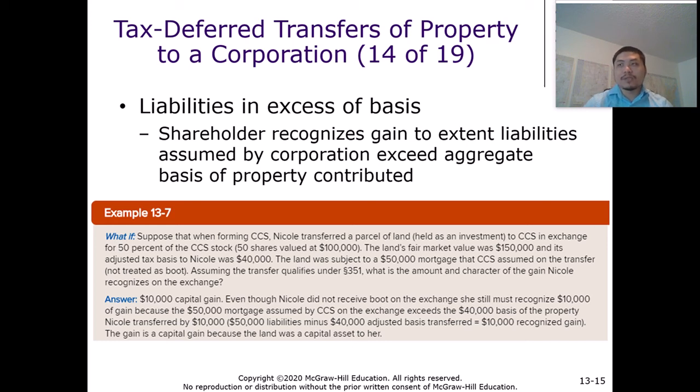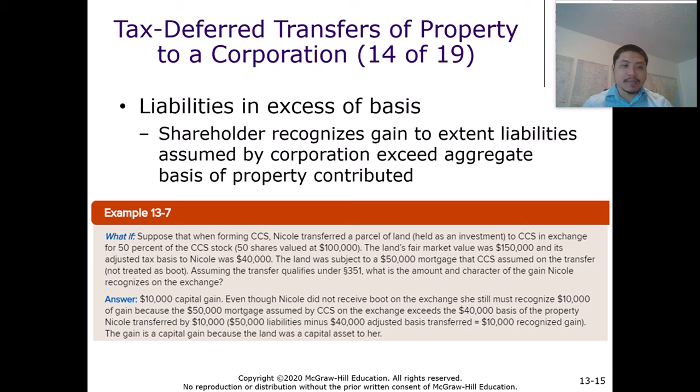So if the basis of the taxpayer in the property is, let's say, $5,000, and the debt associated with this property is $6,000, the shareholder has to recognize the $1,000 that exceeds the $5,000 of basis that the shareholder has in the properties, right?